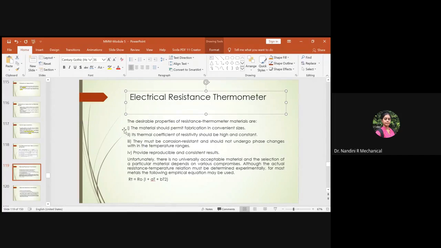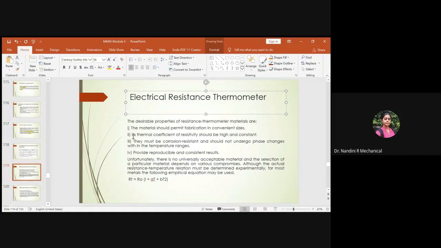The first one is the material should permit fabrication in convenient sizes. So the material you are selecting to build the electrical resistance thermometer should provide convenience with respect to the size. It could be very small, with compatible dimensions, or if it is needed in bulk also, it should be convenient for the size measurements.